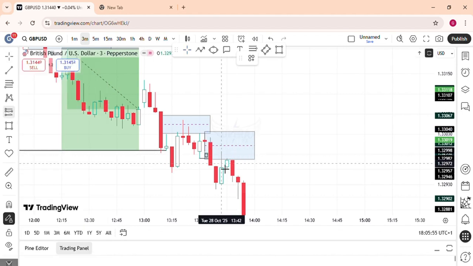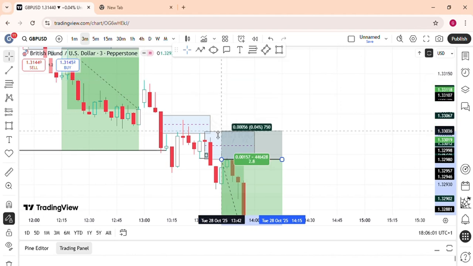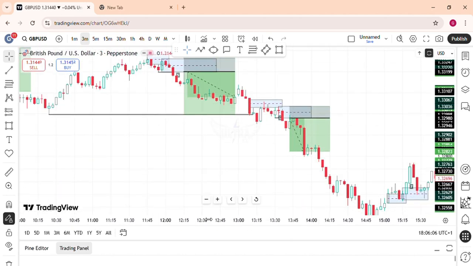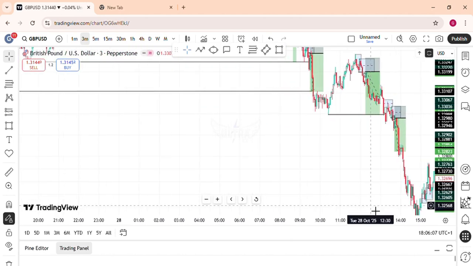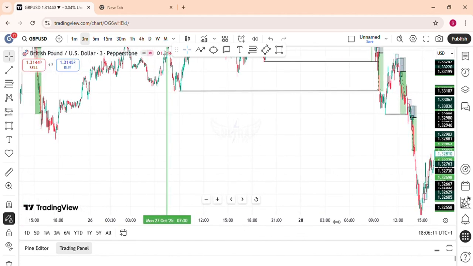and stop loss right above this high. Our take profit would be at any given low to the left side.